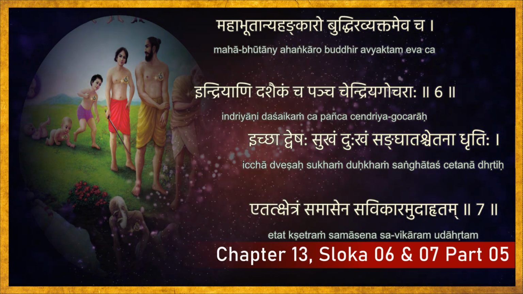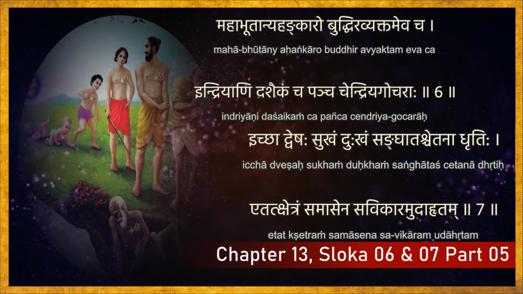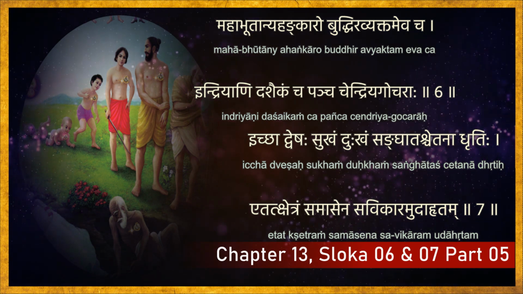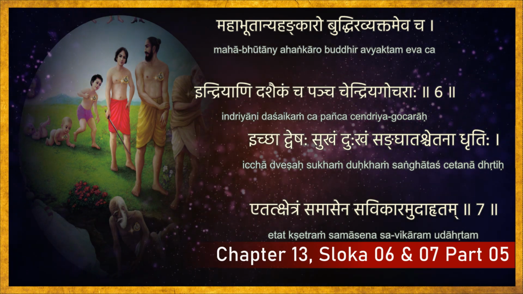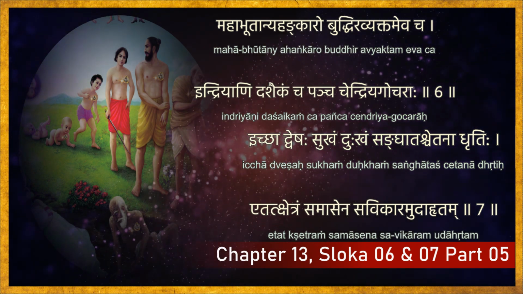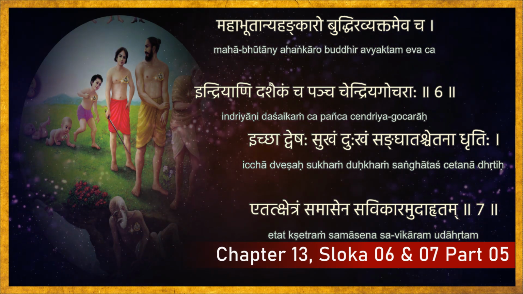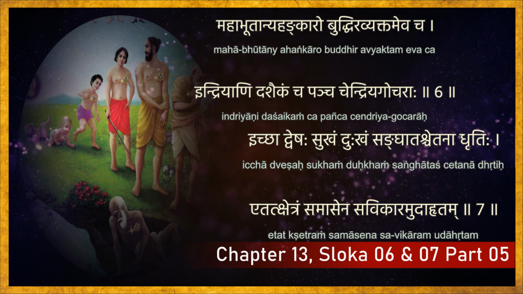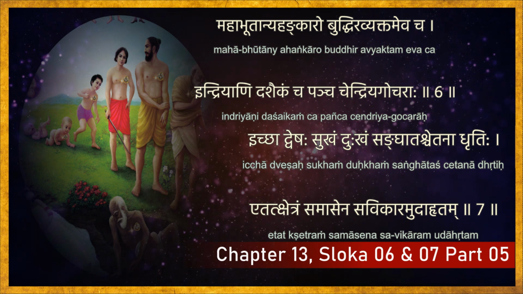There is a difference within them. In these bhūtam we will see a vishesha, a special quality called shantatva, which comes from the mode of goodness, sattva guna. Ghoratva comes from rajoguna, and mūdatva comes from tamoguna.